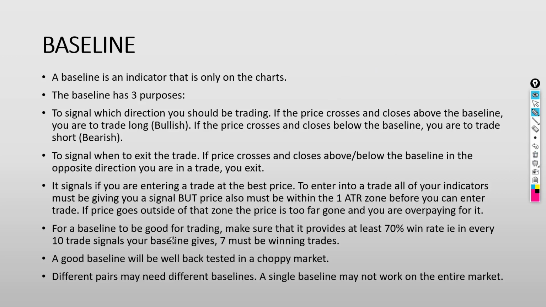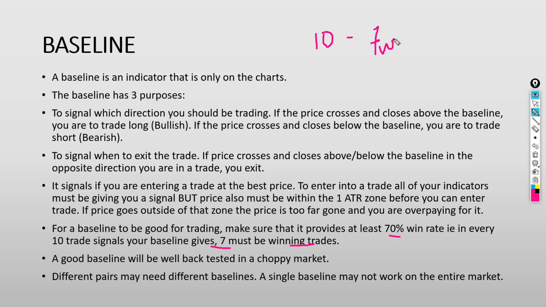So for our baseline to be good for trading, make sure it provides at least a 70% win rate in every 10 trade signals your baseline gives. So 7 must be winning trades. If you have a baseline and you go for back testing, make sure that in every 10 trades you make, you make at least 7 wins.